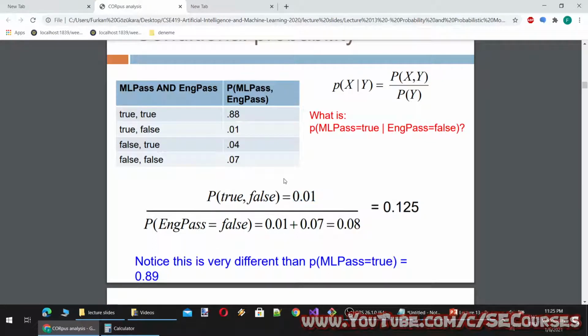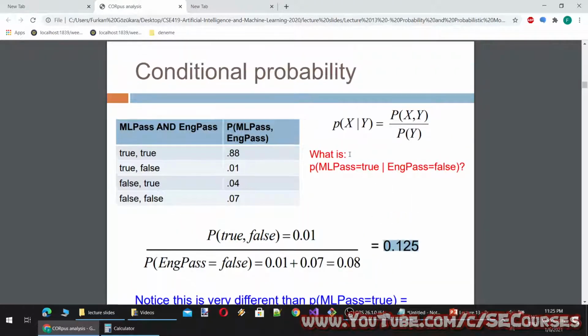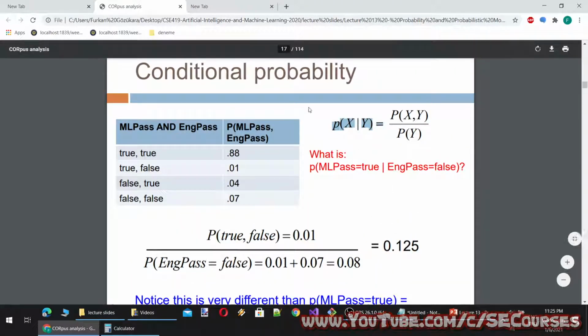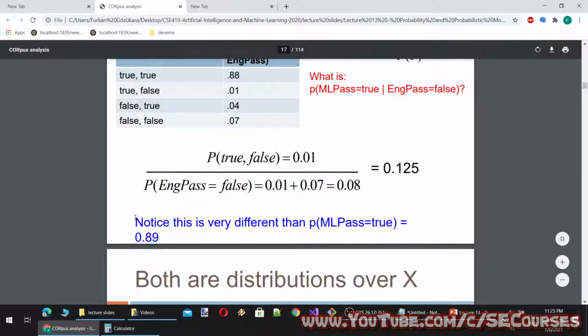Our sample space in this case is only the rows where English is false, so 0.01 plus 0.07, therefore 1 over 8 as I said, so the probability is 0.125. This is what conditional probability is.